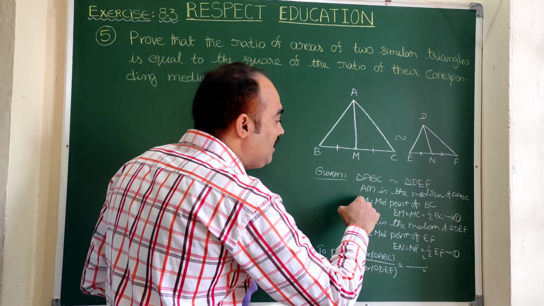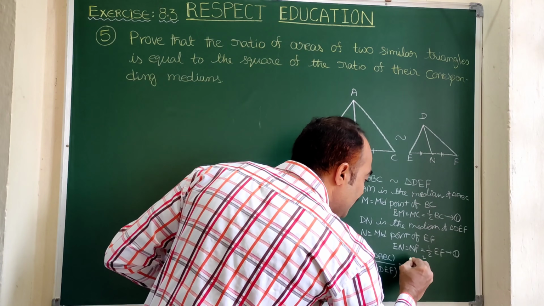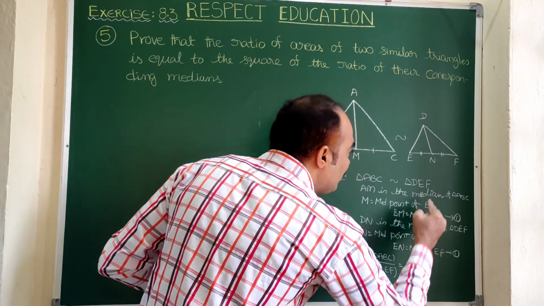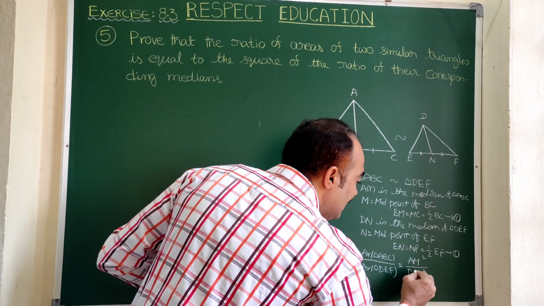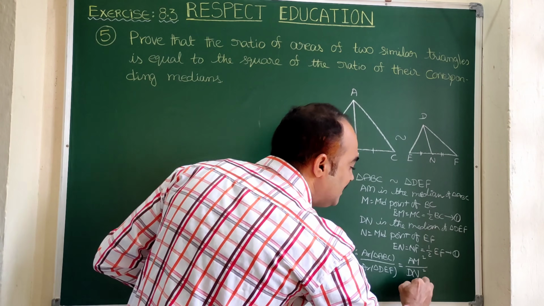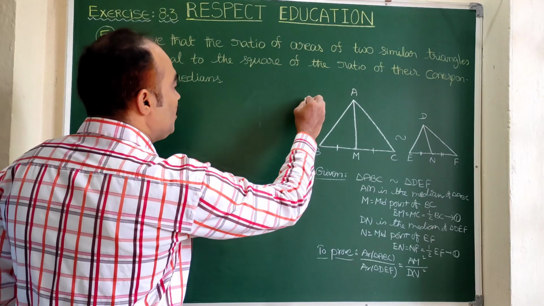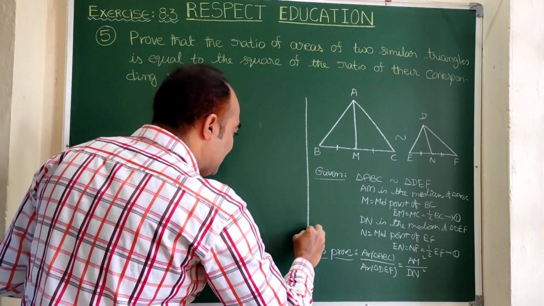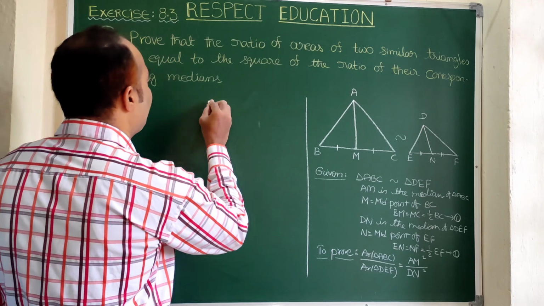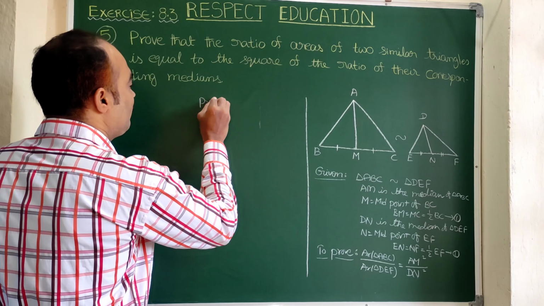For triangle ABC, AM is the median, so AM square, by, for triangle DEF, DN is the median, DN square. This is what we have to prove. So now let us enter the proof.